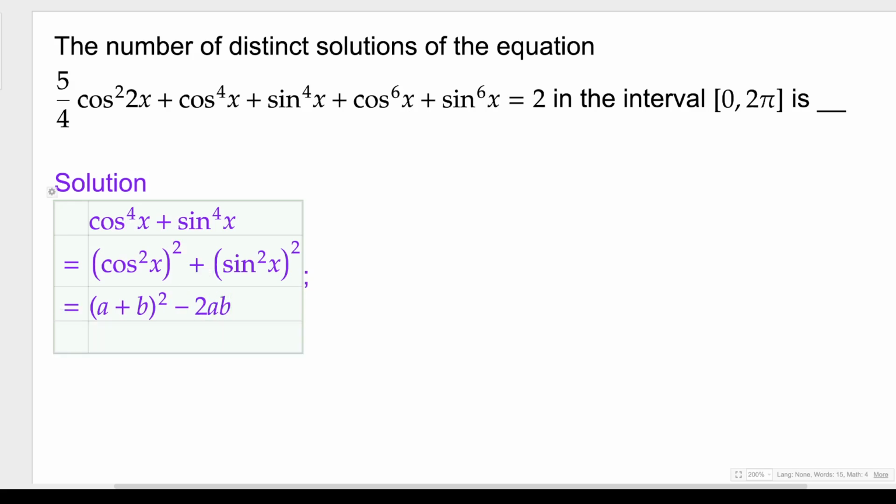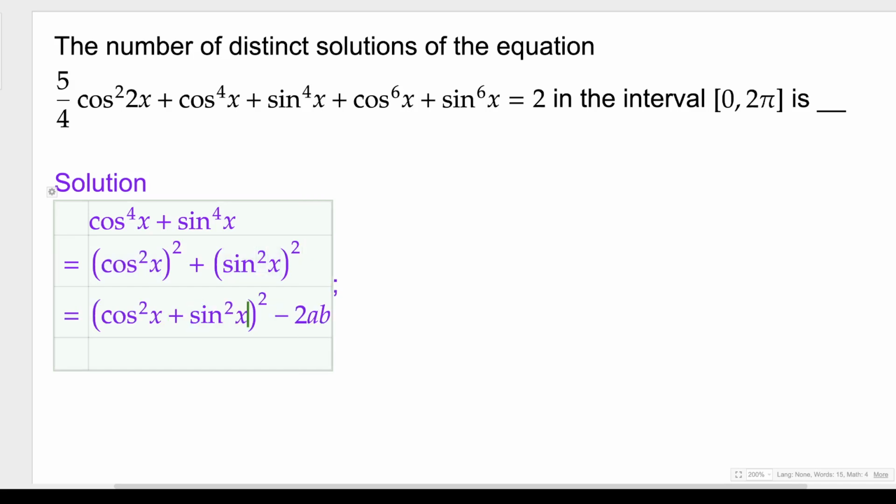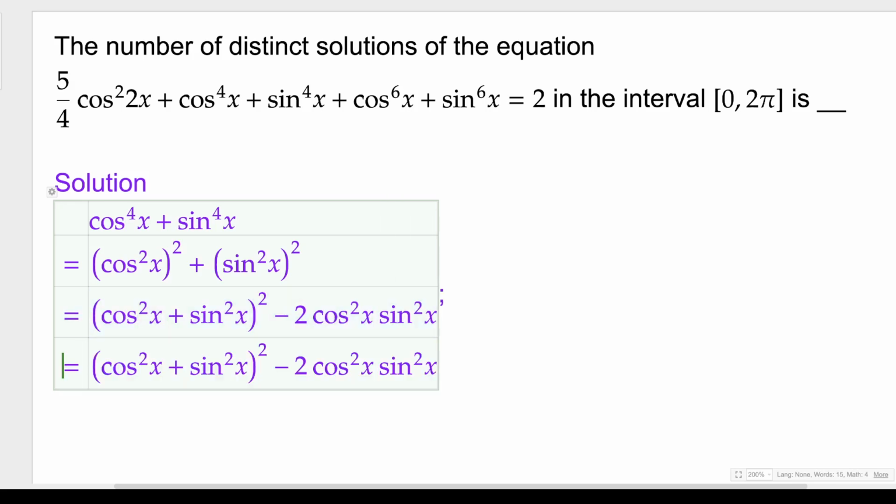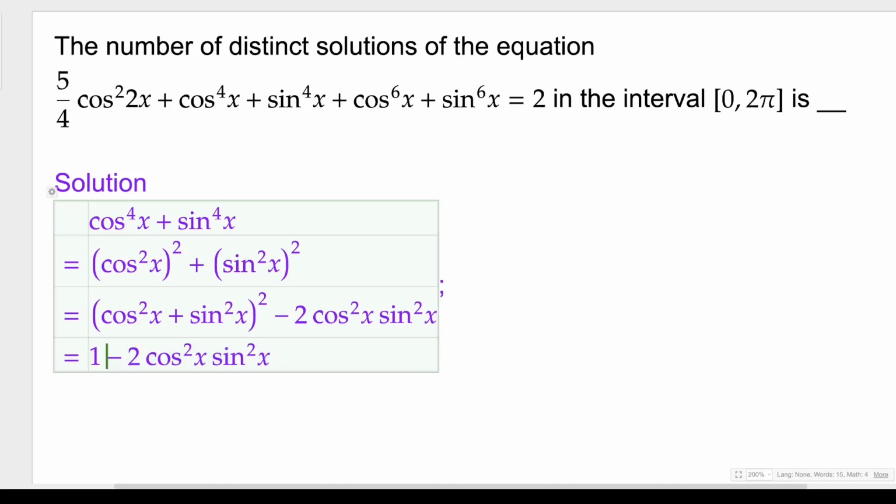Instead of a, I'll write cos x squared, and instead of b, sin x squared. From this we can clearly observe that this part is nothing but 1, and 1 squared is 1. So this is 1 minus 2 times cos x squared times sin x squared.